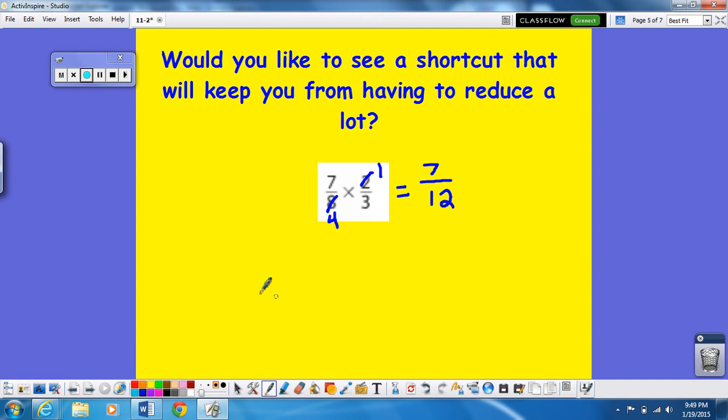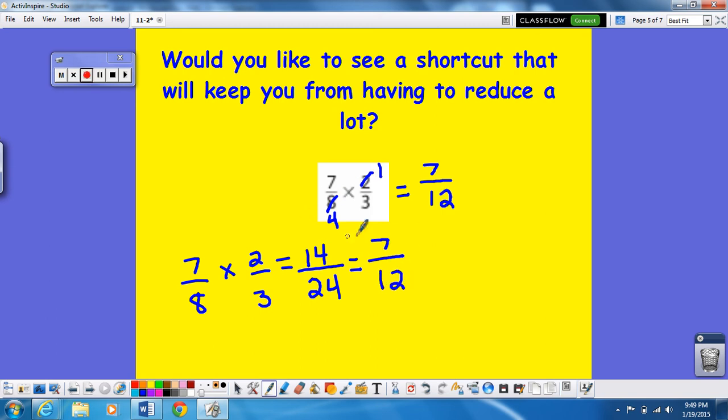Just to show you that this works, I'm going to rewrite the problem like it was originally, 7/8 times 2/3. If I don't do any canceling, I have 7 times 2 is 14, 8 times 3 is 24. Those are both even, so I know I'm not done. 2 goes into both of those. 14 divided by 2 is 7, 24 divided by 2 is 12. So you see, this is just a really quick way to get to your final answer.